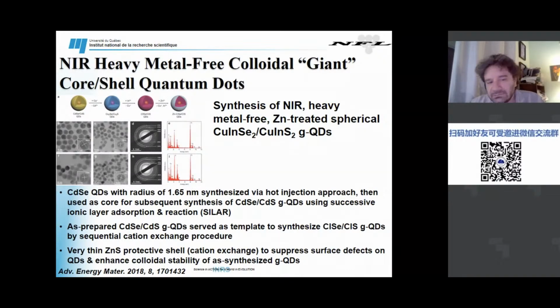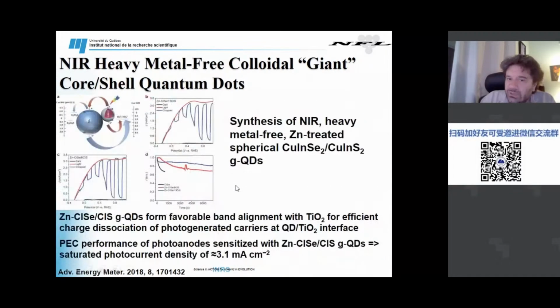So even though the initial products might contain cadmium or other toxic elements, at the end the final product is heavy metal free, so made of materials that are non-toxic. Of course, there's always a price to pay, so even though these are non-toxic, they perform fairly well, but you can see that the photocurrent density has gone down significantly by a factor of almost 4 to 3.1 milliamps per square centimeter.